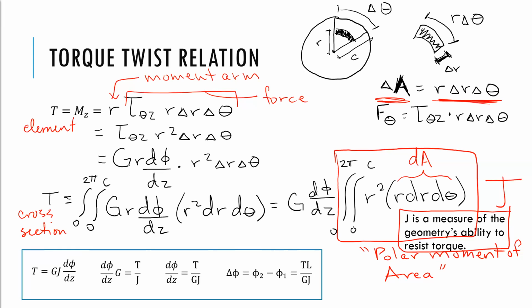So let's see what we had. We had over here that our torque is equal to G times our rate of twist times J. So that is here. GJ times rate of twist gives us our torque. So what this means is that G is a material constant, J is a geometric constant. So if we know the material and the cross-section, and then we know either the torque applied or the rate of twist, we can compute the other one.